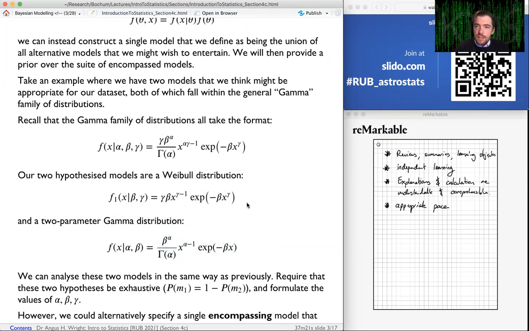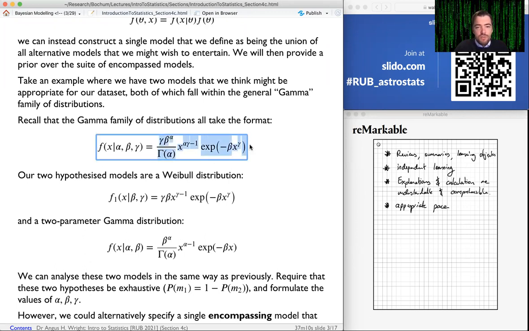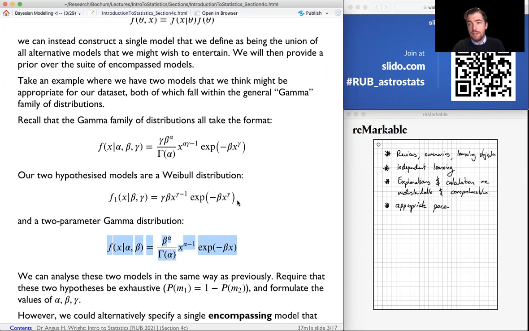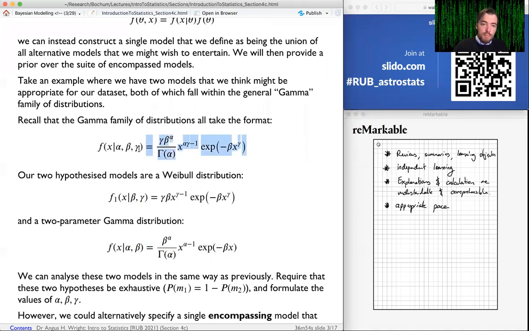The reason these two are interesting is that they both fall within the generalized gamma family of distributions, which is a function of alpha, beta, gamma, and takes this form at the top. This means that instead of specifying one model and another model and comparing the posterior evidence of those two models, I can create one model which contains both of those distributions.